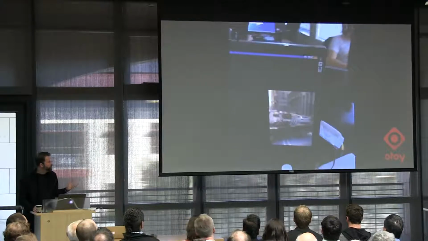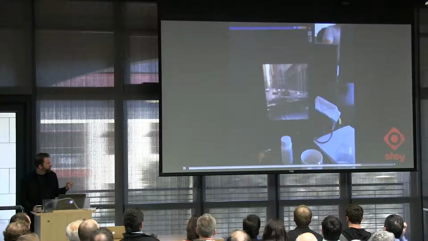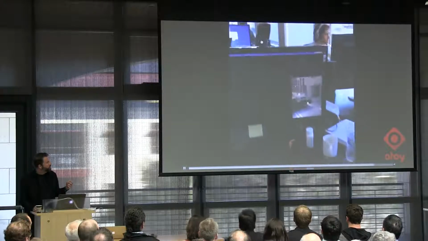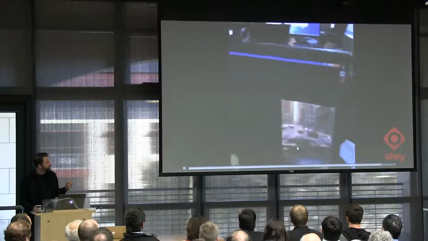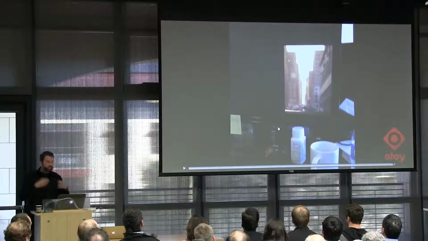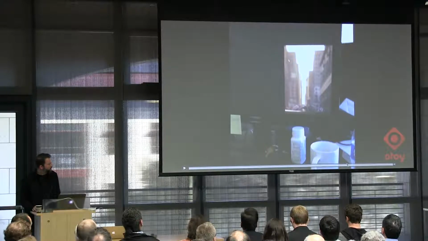So this is actually using the tracker from an Oculus Rift dev kit 2 to look into this light field that's being displayed on a screen. And you can look around in this global illumination scene. It looks considerably better than the real-time computer graphics that we're used to seeing.